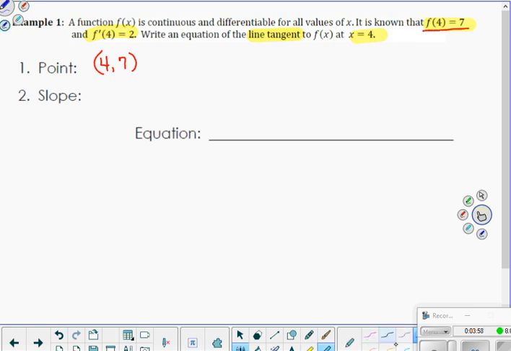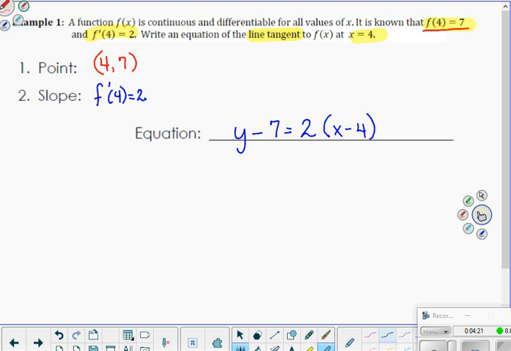Did they give you the derivative, the slope? Yes, they did. It's f prime of 4 equals 2. Can I write my equation? Absolutely. Y minus the y value equals the slope times x minus the x value.